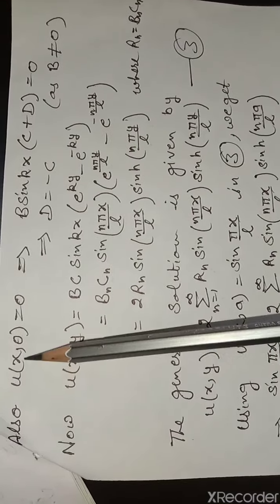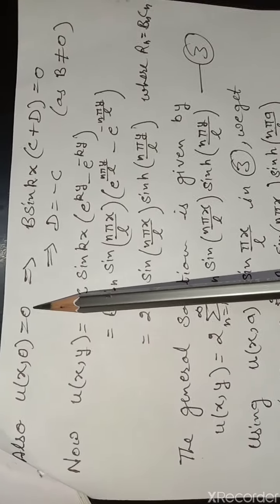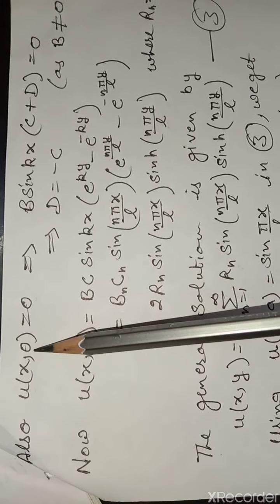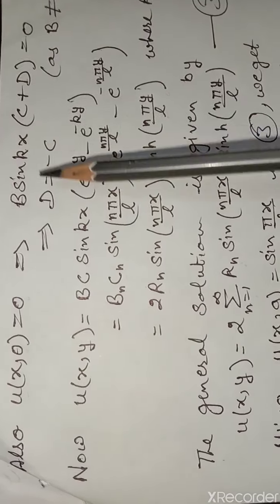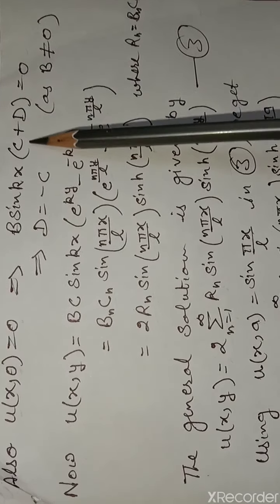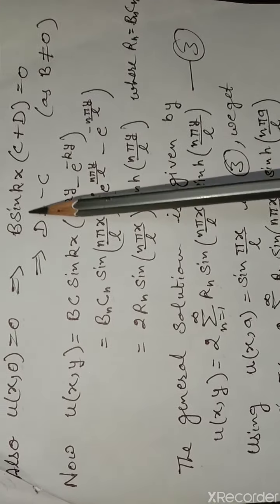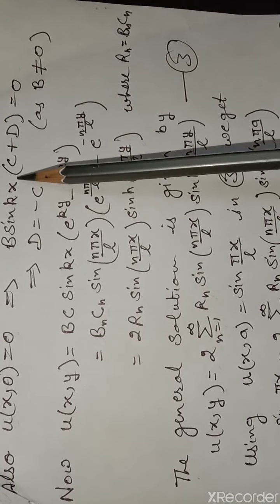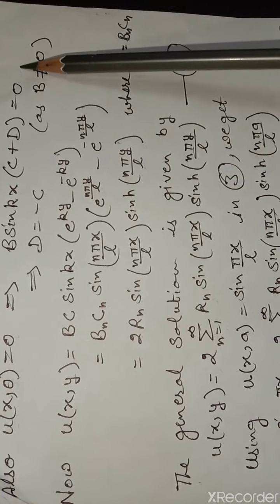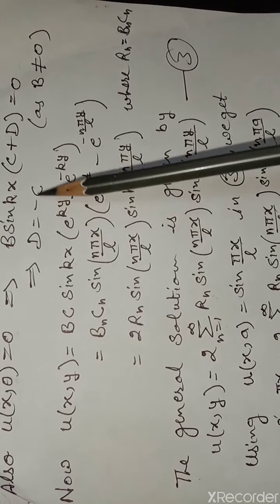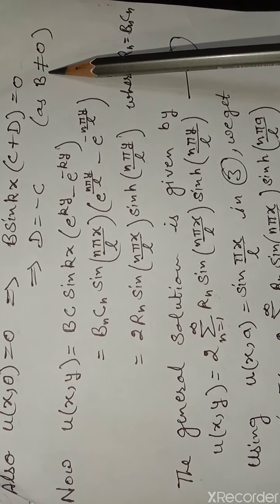Now we use the condition u(x,0) is equal to 0. It means here we have to substitute y is equal to 0. When we put y is equal to 0, then the solution reduces to b sin kx (c plus d) is equal to 0, and this will give you d is equal to minus c, because b cannot be 0.